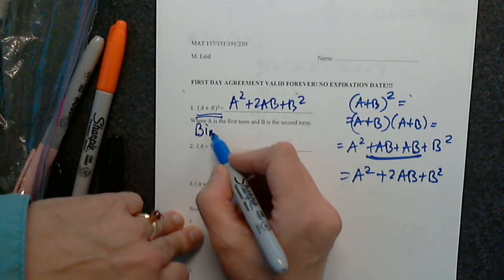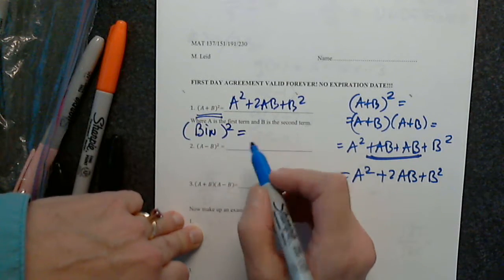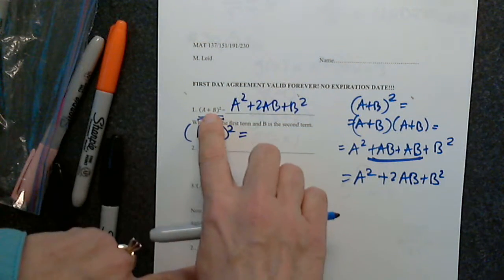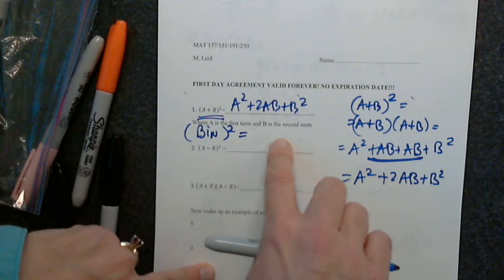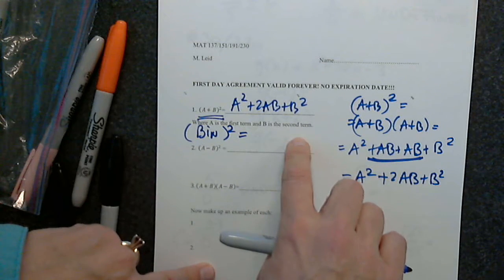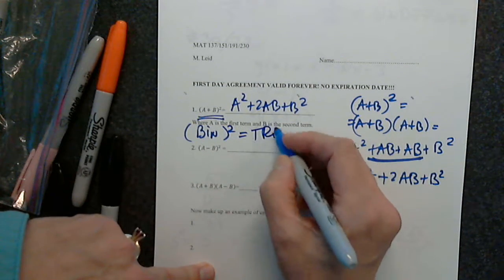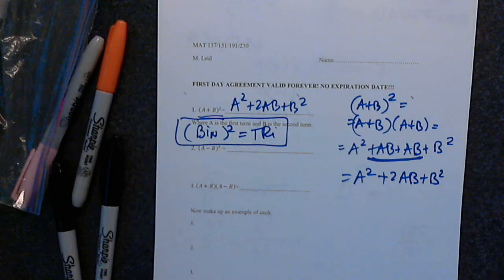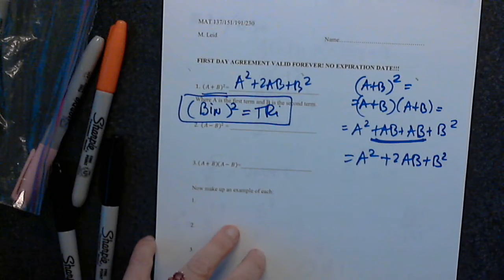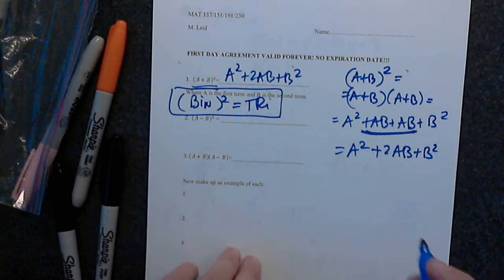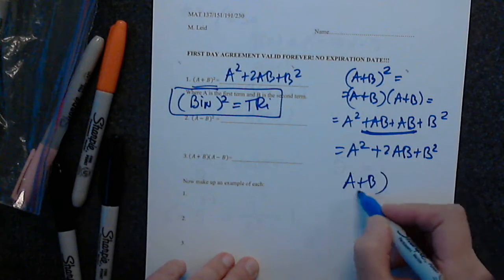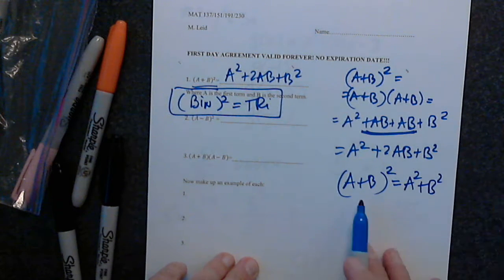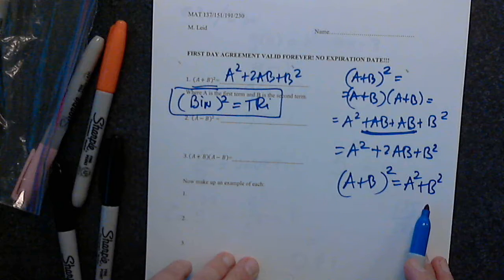And please write somewhere that a binomial squared is a what? When we square a binomial, how many terms do we get? Trinomial. Thank you. So a binomial squared is always a trinomial. If we don't remember this moving forward, and you still write this, I'm not saying you will, it is a terrible mistake.